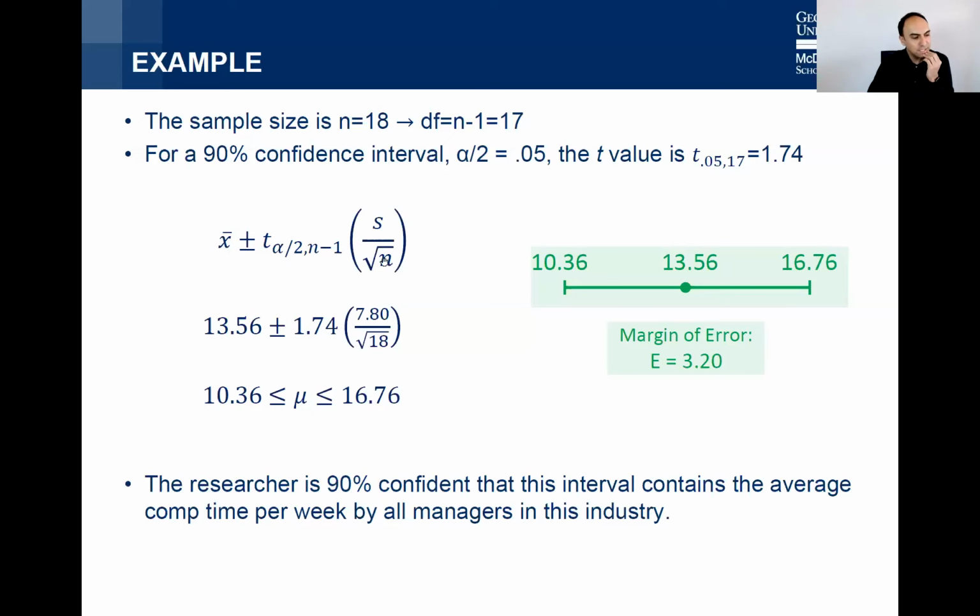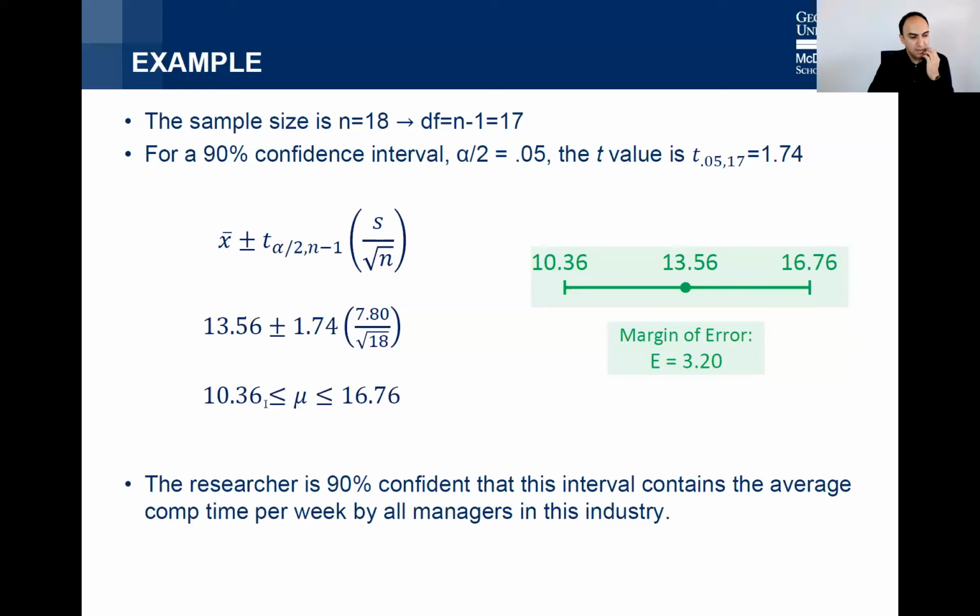So our confidence interval would be written in this form. We have the sample statistic, the point estimate, 13.56. That was the average reported by 18 managers, plus that multiplier times the standard deviation, S, divided by the square root of n, which is 18.